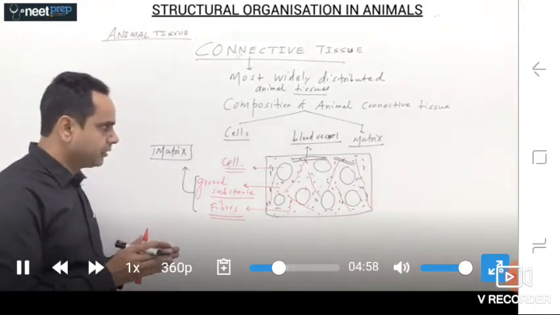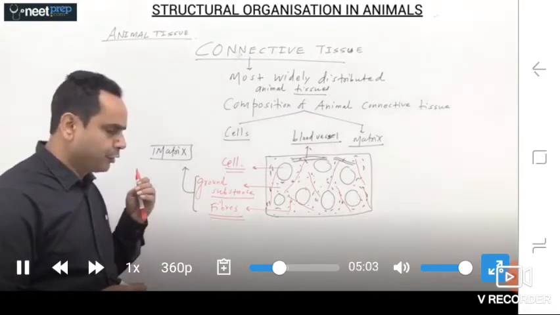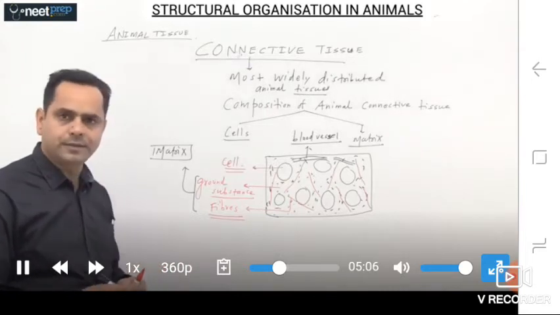Now, the basic composition of the connective tissue is the cells, the fibers and the ground substance.